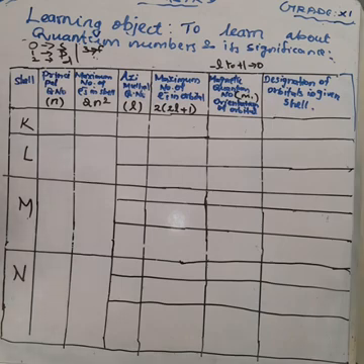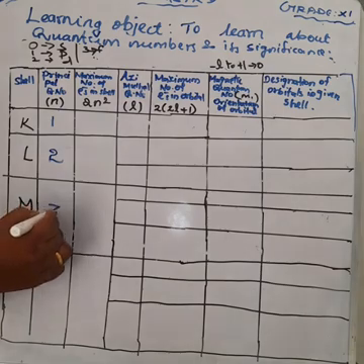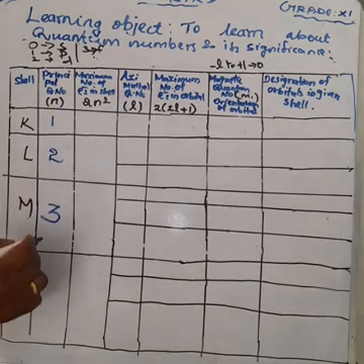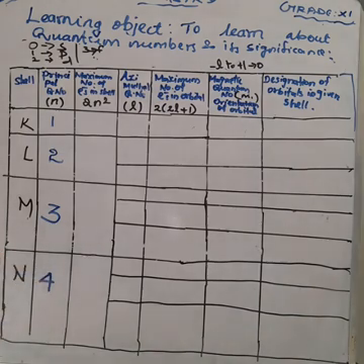For the K shell the principal quantum number is 1, for the L shell it is 2, for the M shell n is equal to 3, for the N shell n is equal to 4. So n is equal to 1 means K shell, n is equal to 2 means L shell, n is equal to 3 means M shell, and n is equal to 4 means N shell.